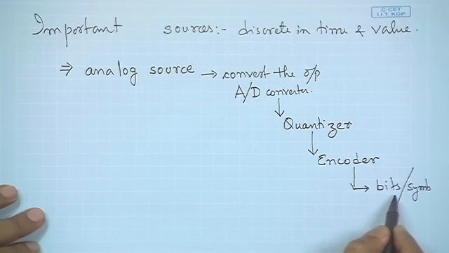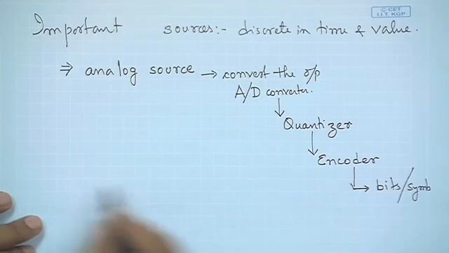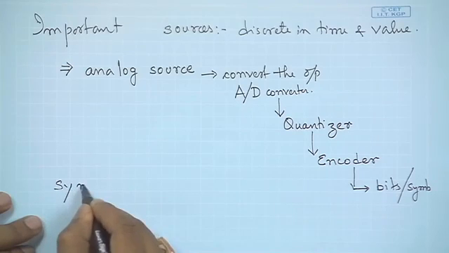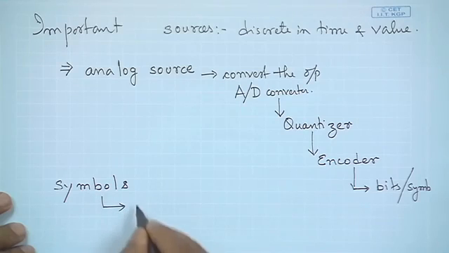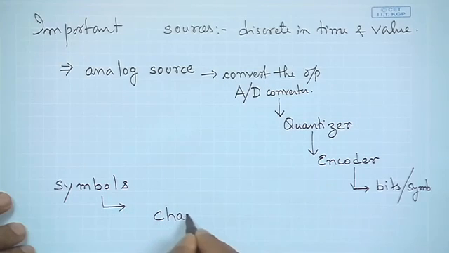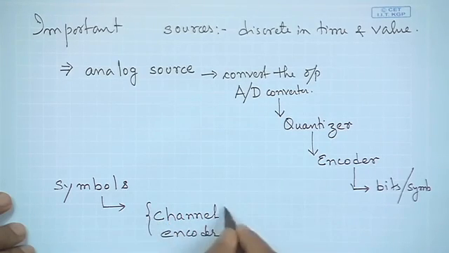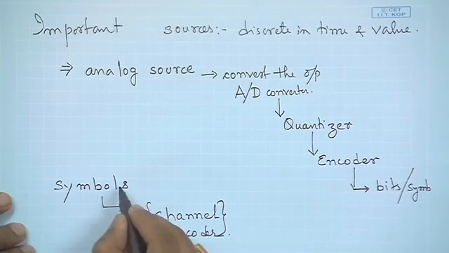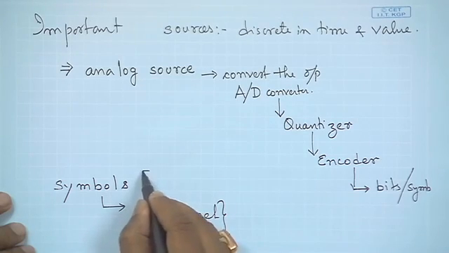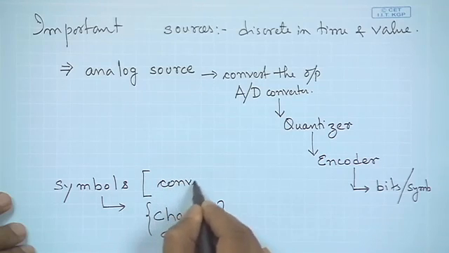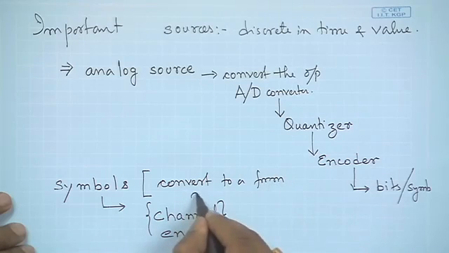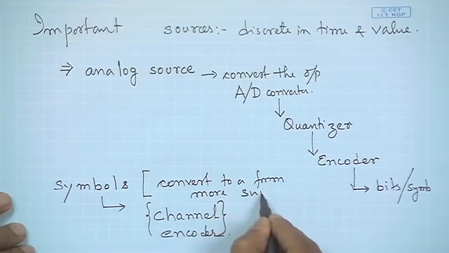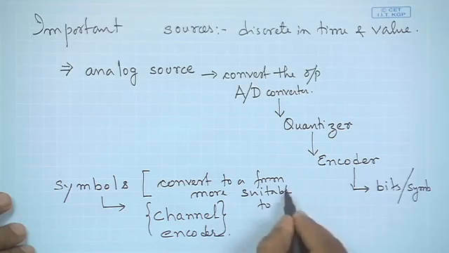So these symbols that you have would finally go into something called the channel encoder. Because these are still symbols which are in abstract form, one has to convert this again. You convert it to a form which is more suitable to the channel.